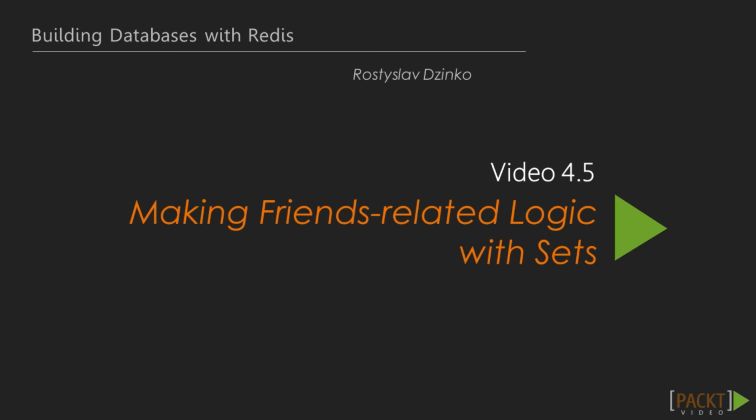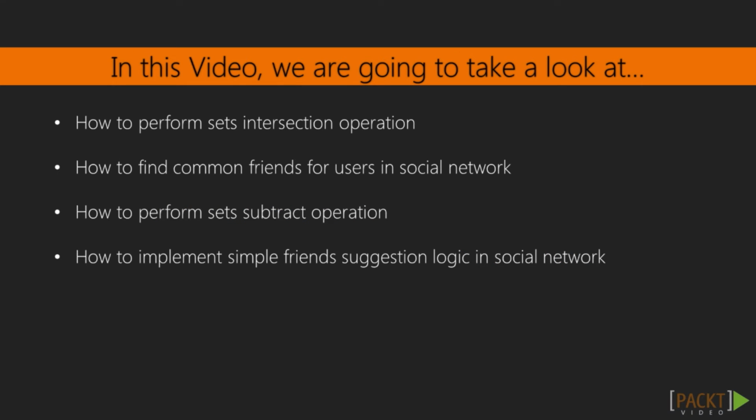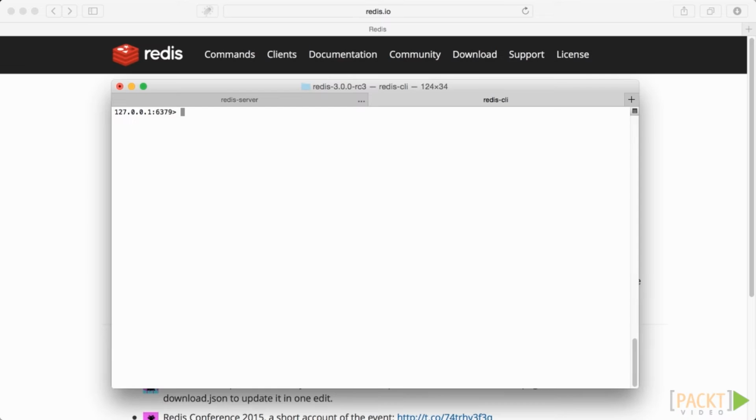In the previous video, we were talking about operations on sets and the union operation in particular. In this video, we're going to finish discussing set operations by covering intersection and subtraction. Let's start with some practice. Every social application must implement some user-related logic.